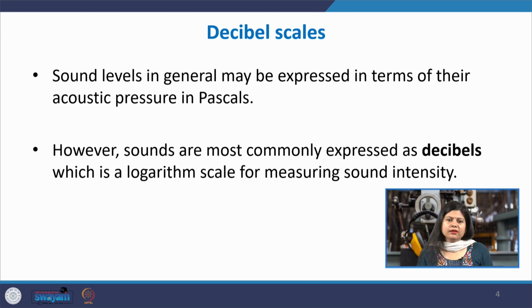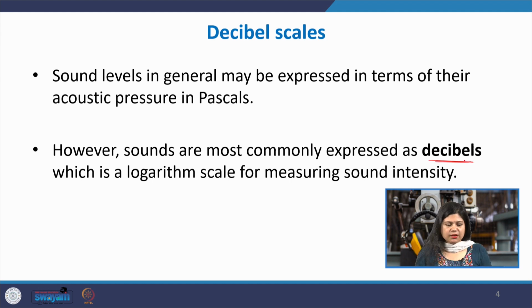Now, you would think that we already know that sound is basically a variation in the pressures that fluctuates and carries forward in space and time. So, the level of sound can very easily be measured by the acoustic pressure or the acoustic amplitude of the sound. So, why do we need a separate scale for that?